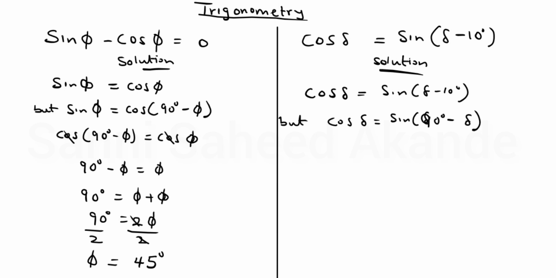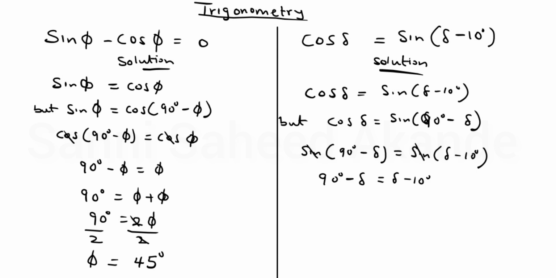So we are going to replace this in the question given to us so that we have sine open bracket 90 degrees minus delta, equal to sine open bracket delta minus 10 degrees. This sine cancels out, then we have 90 degrees minus delta equal to delta minus 10 degrees.